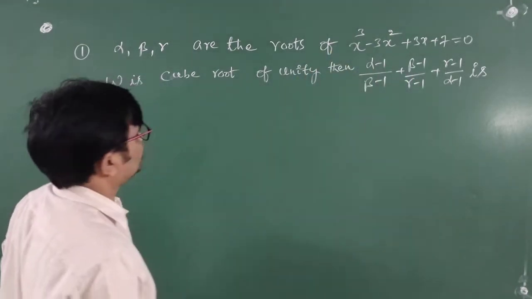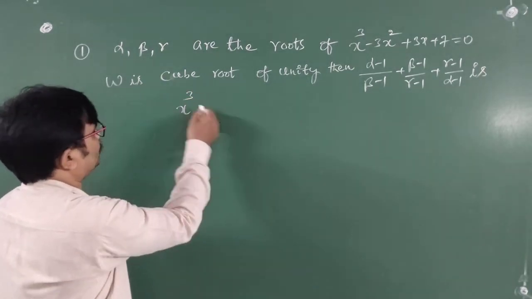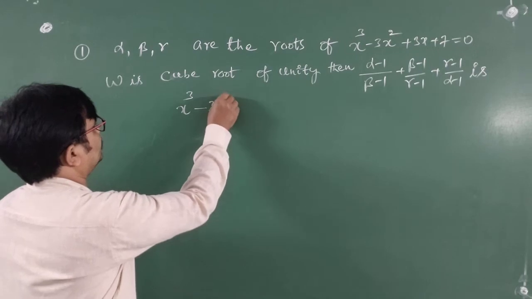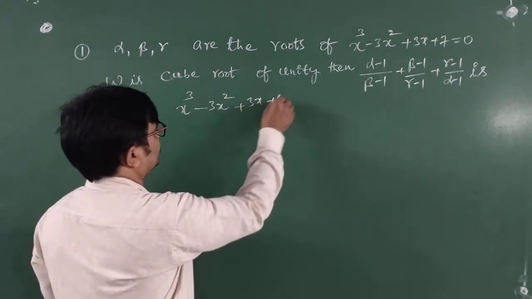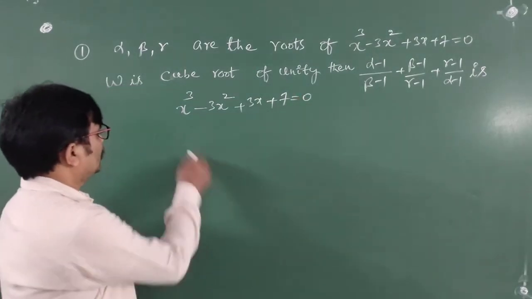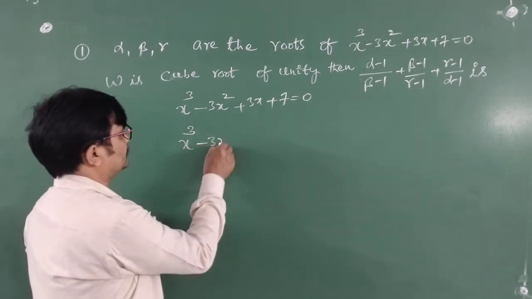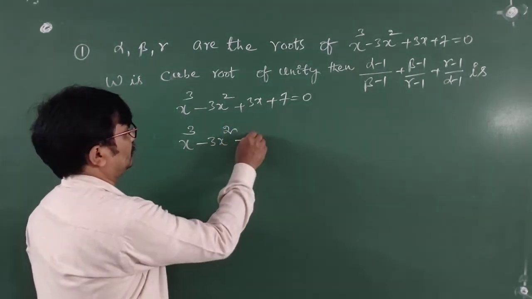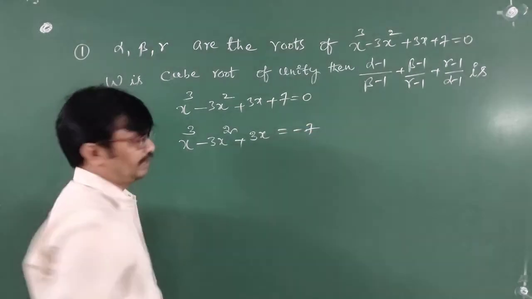So students, what is the given equation? x cube minus 3x square plus 3x plus 7 equal to 0. Now, x cube minus 3x square plus 3x equal to minus 7.